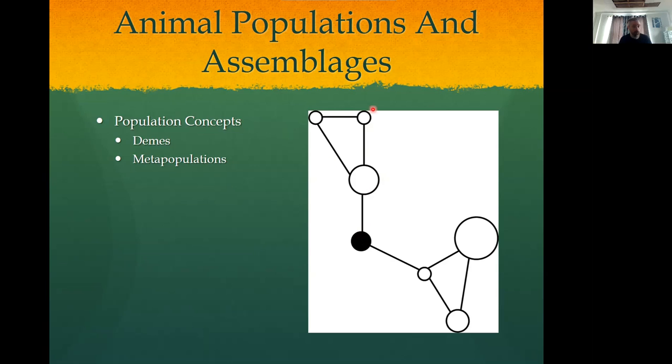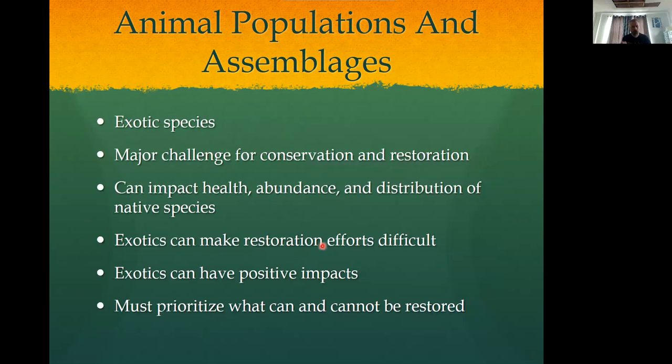So it might be these three subpopulations, but not these four, okay? But a deme might also include this guy and this guy, right? So again, understanding what those demes are will help you understand which parts of your meta-population network become really important for you.